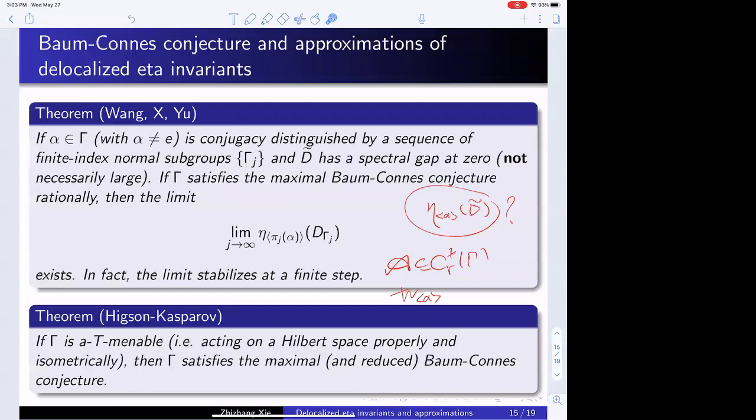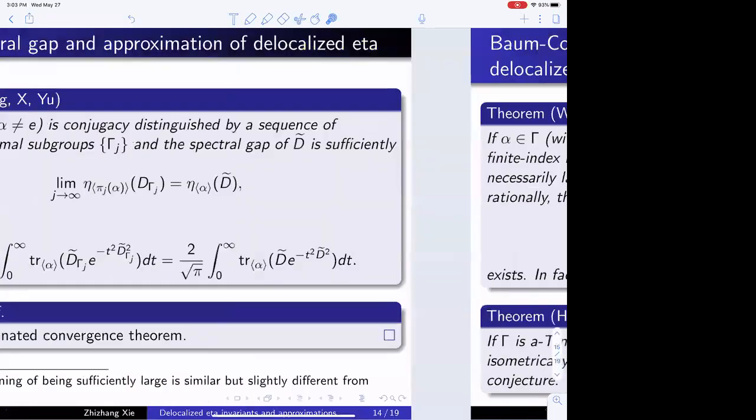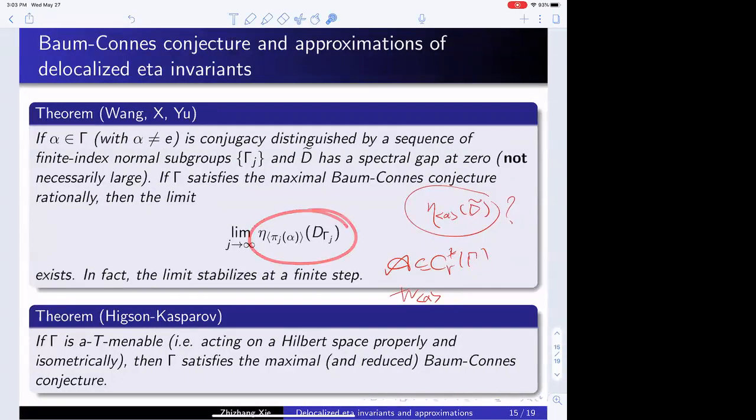No, so let me see. Without the spectral gap condition, if the group is, for example, finite, then, as I said, for any operator there's no spectral gap assumption at all, and you can do it. So for these elements here, we're not really using any spectral gap.